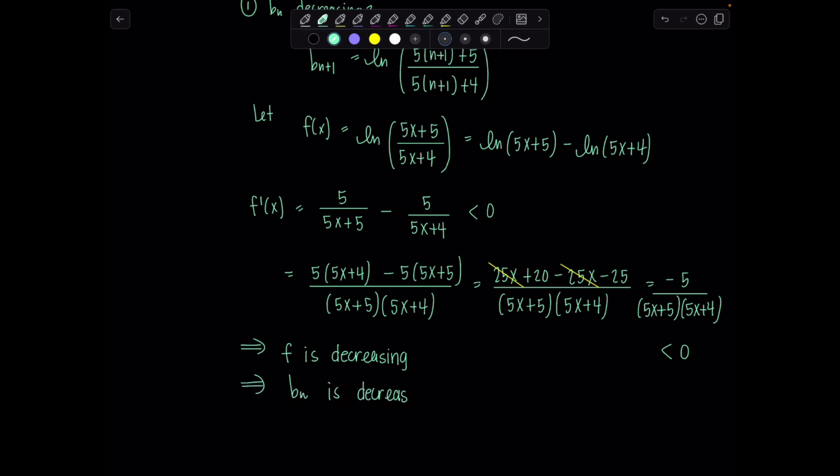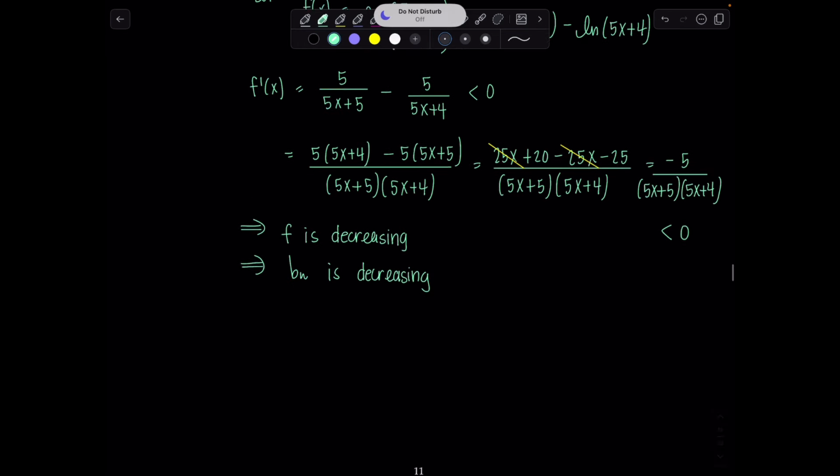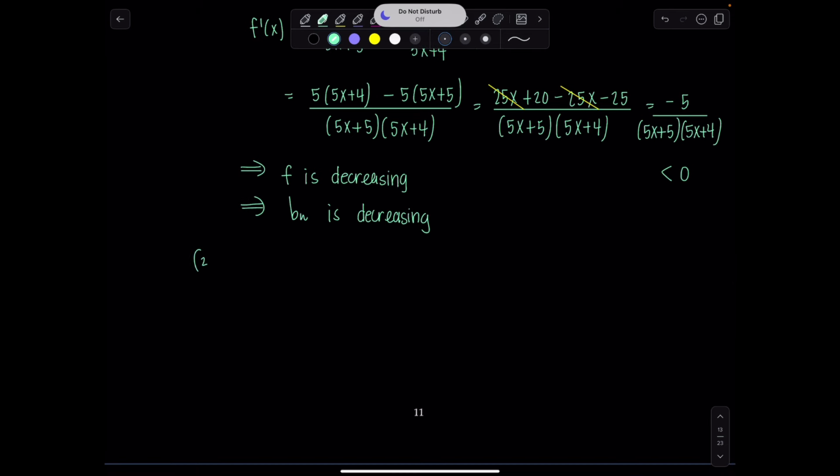Hallelujah. Okay, one more condition for AST. Do you remember what it is? Yeah, you have to show that the limit as n approaches infinity of the terms is 0. So is the limit as n approaches infinity of natural log of (5n plus 5) over (5n plus 4) equal to 0?